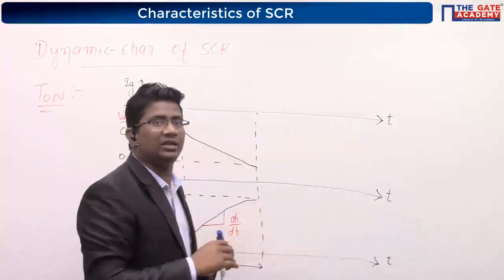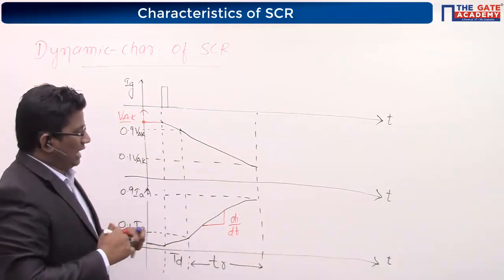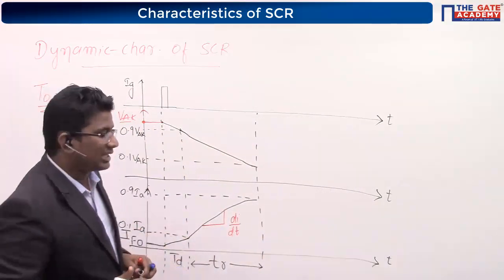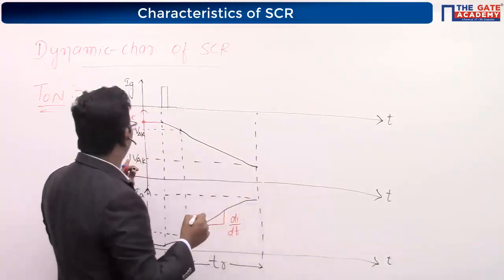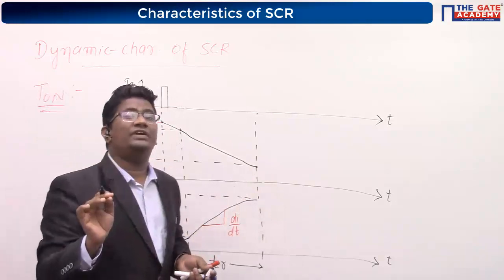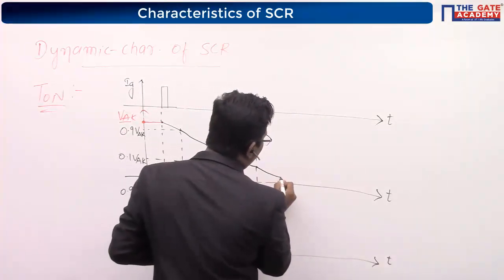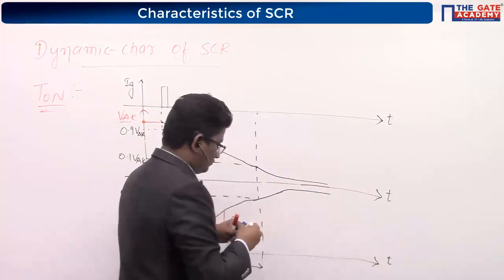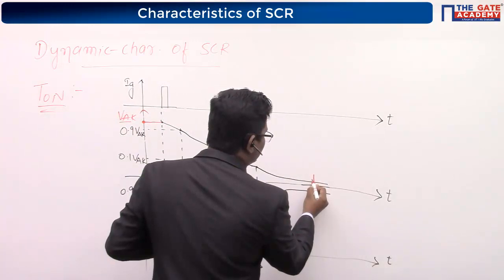Let's see here. Now, after this rise time, one more time is also there. That is the time taken from 10% of its rated value to the on state value. Can anyone tell me what is this length?